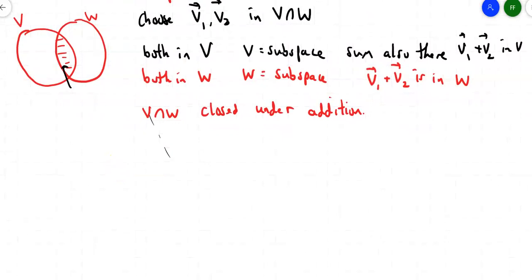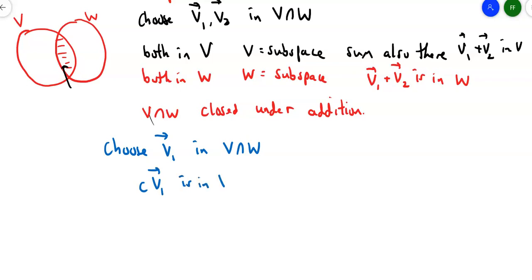All right, what else do I need to show? I need to show scalar multiplication. So again, this time I'm only going to pick one, right? Because I just need scalar multiplication. So this time I'll choose a vector, V1, that's in the intersection of V and W. Well, that must mean that a scalar times V1 is in V because V is closed under scalar multiplication.